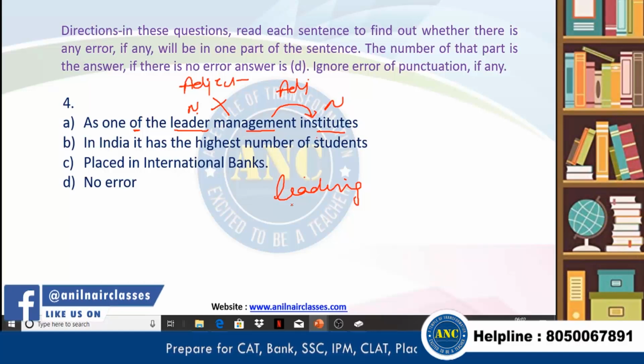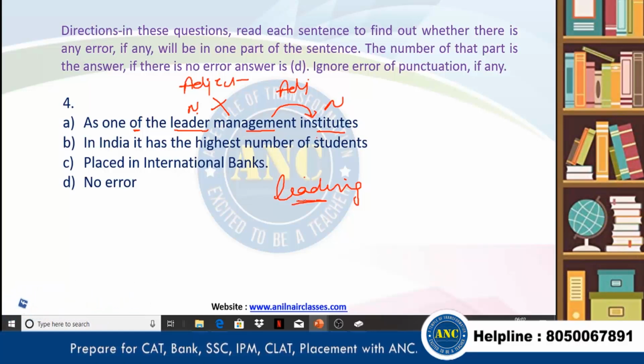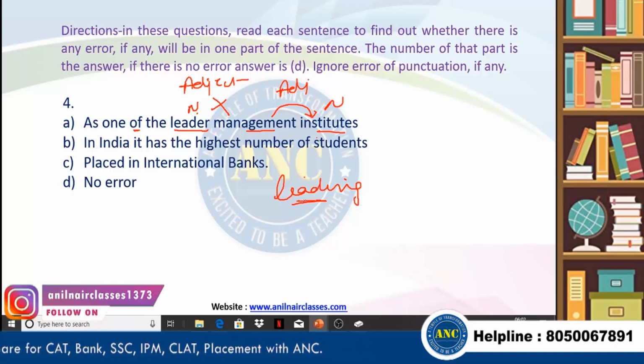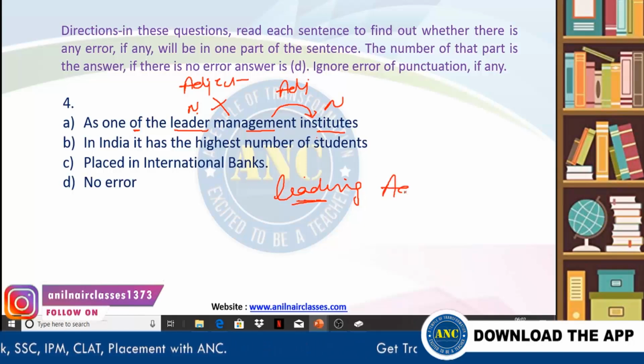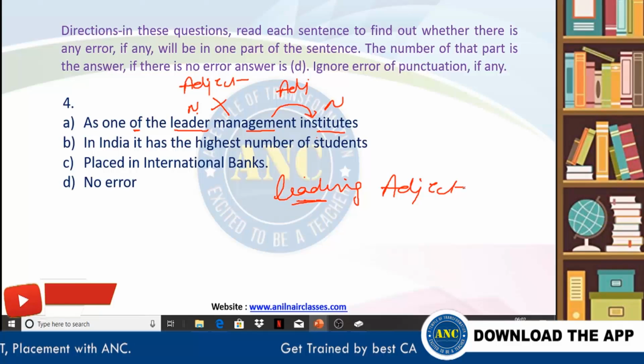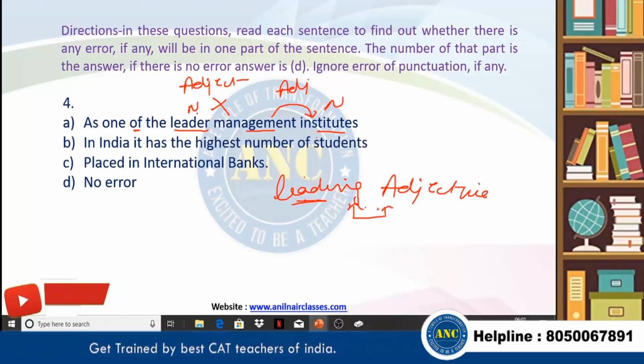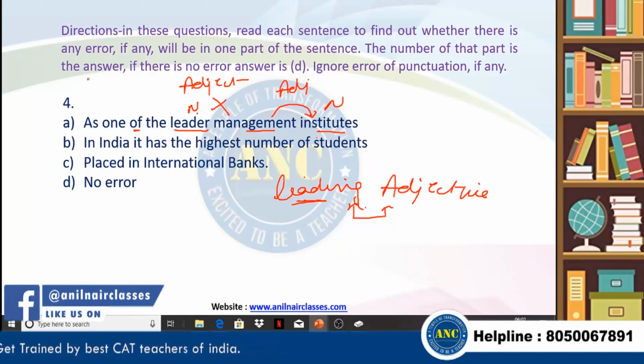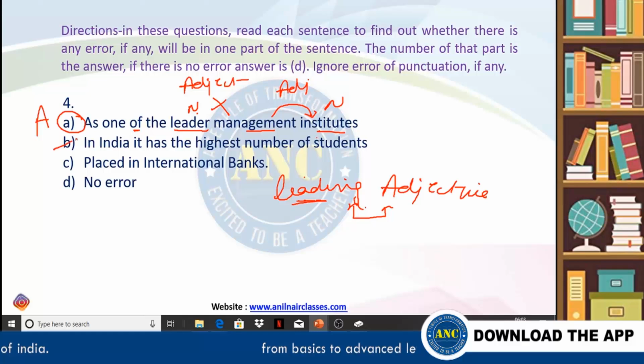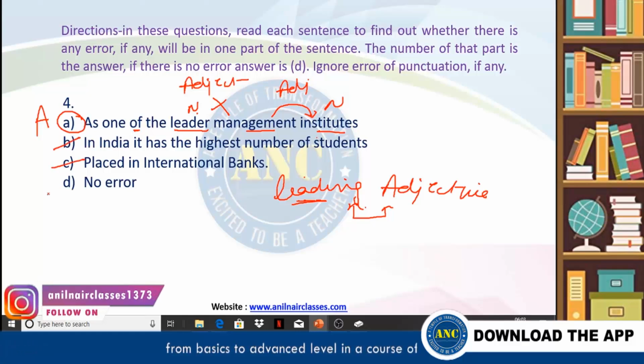I need the adjective form of lead over here, that is leading, right? This is a participle functioning as an adjective. I don't need the basic noun form of the word leader, right? So this is why A is the error over here. I can get rid of B, C and D.